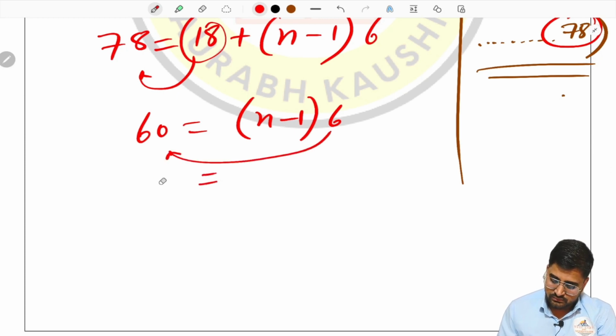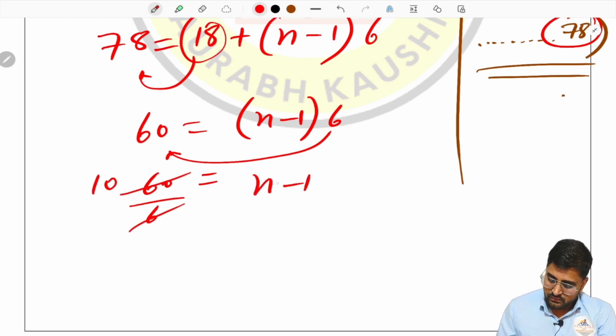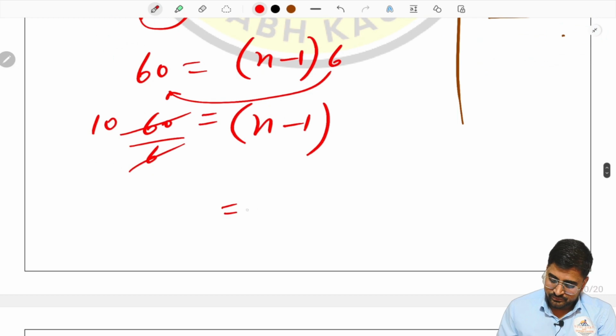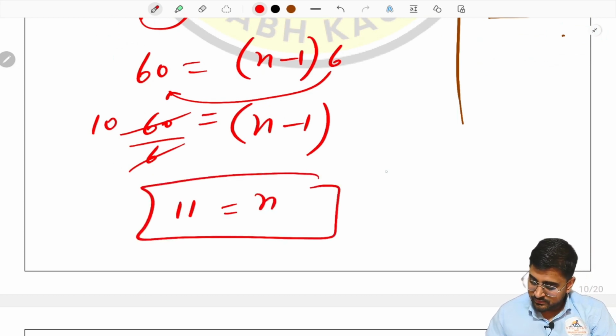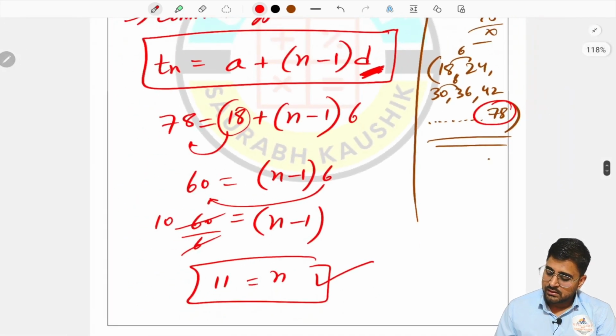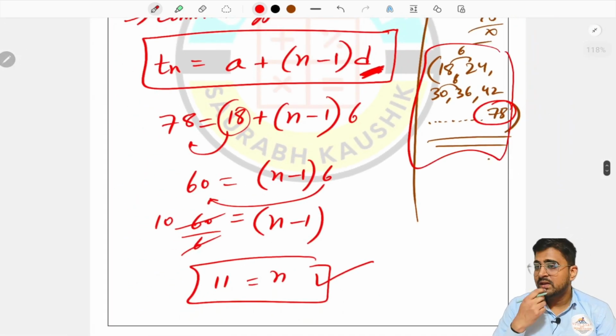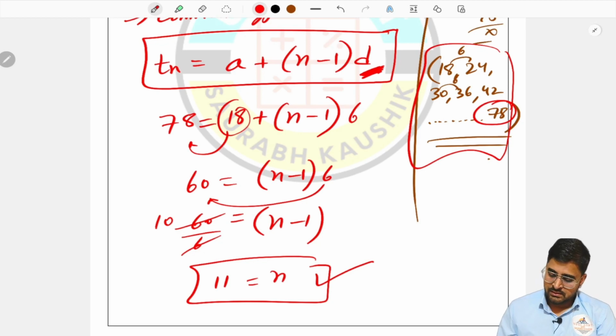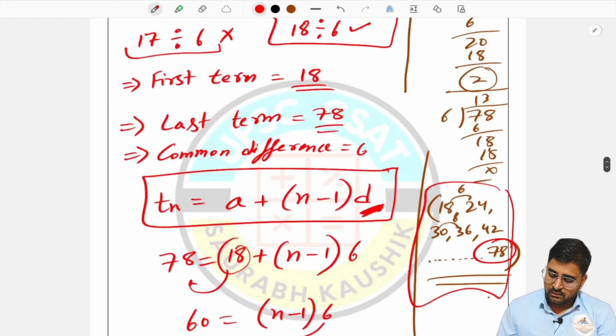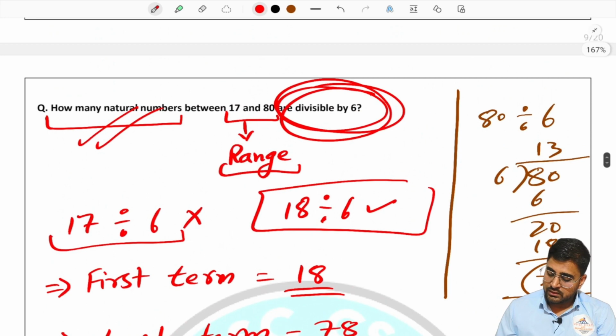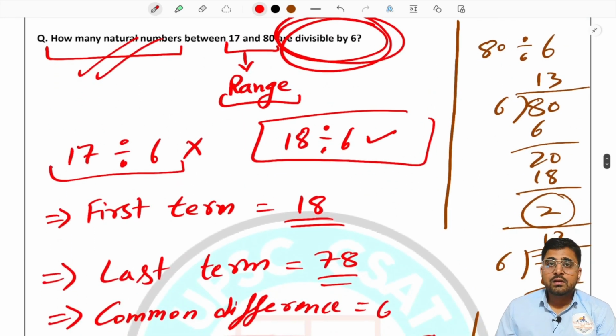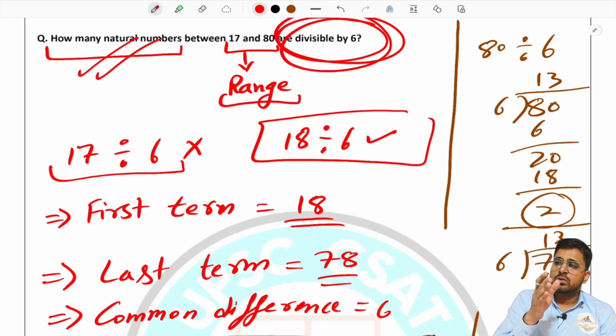It goes here, and n is equal to 11. So there are 11 numbers in this series which are divisible by 6. This is your first question. I don't think it is that difficult. If you found some difficulty, please go through it again. Okay, let's move to the next question.